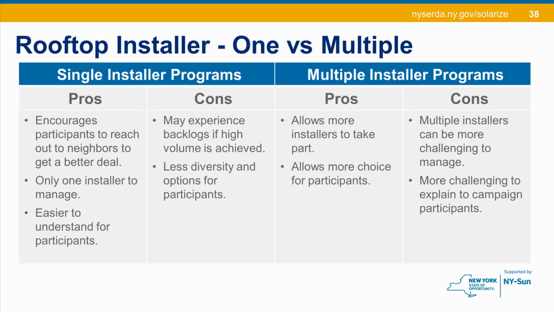However, with only one installer, there is a potential for some backlog if the number of interested residents is high. There is also less diversity and options for participants. With a multiple installer program, more installers are able to take part in the campaign, leading to more options for participants. However, managing multiple installers can be challenging and make the process more difficult to explain to participants of the campaign.